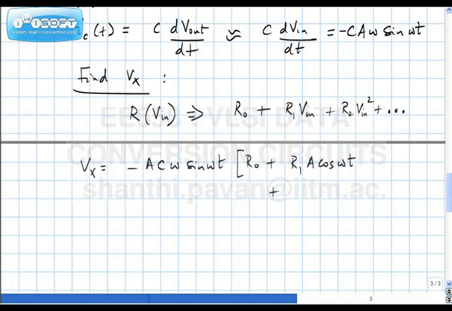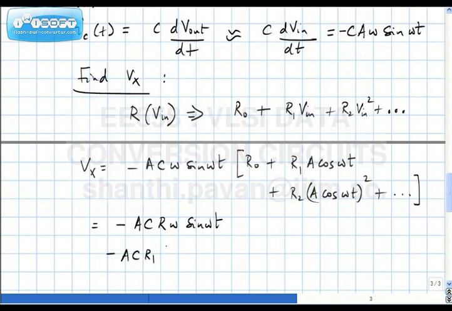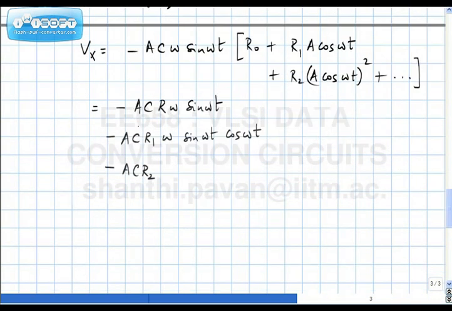So it is minus A C R0 omega sin omega t, minus A C R1 omega sin omega t cos omega t times A. This must be A square C R1 omega sin omega t cos omega t.